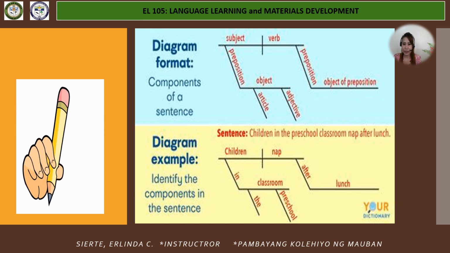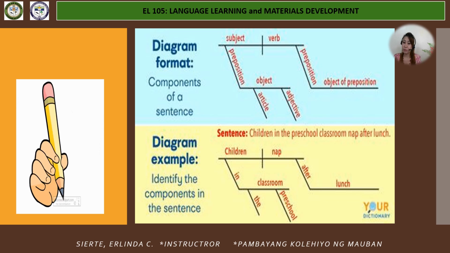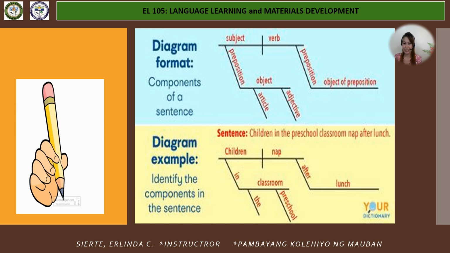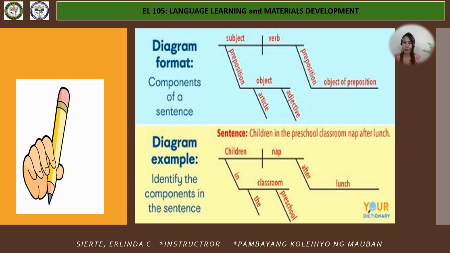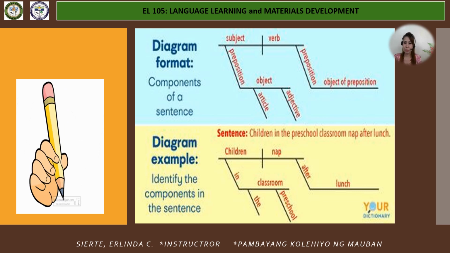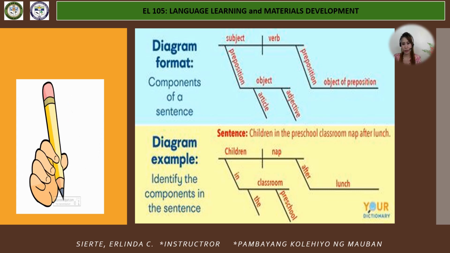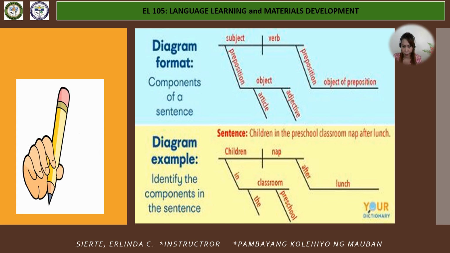In here the sentence is: children in the preschool classroom now after lunch. So how are we going to diagram the sentence? First you have to identify the components in the sentence. It could be the subject, the verb, are there prepositions, and so on.